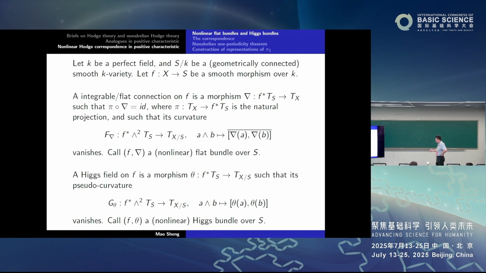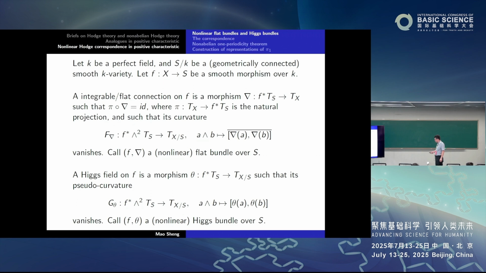And integrability amounts to the vanishing of the curvature. If you like, you can call this a nonlinear flat bundle, because you can imagine X as a flat bundle over S. This is the differentiable way of seeing it.